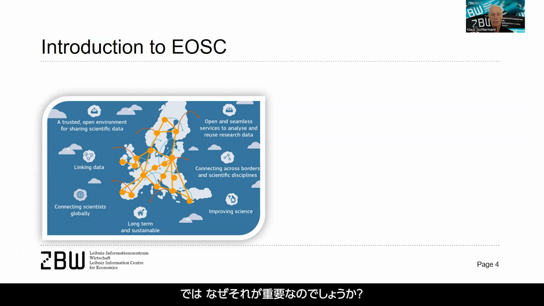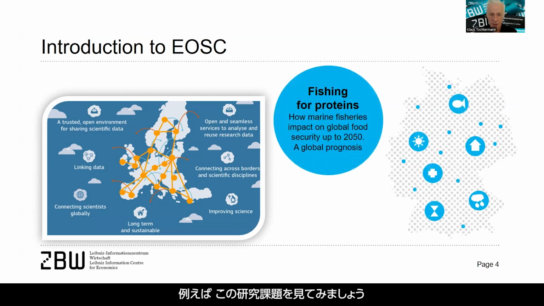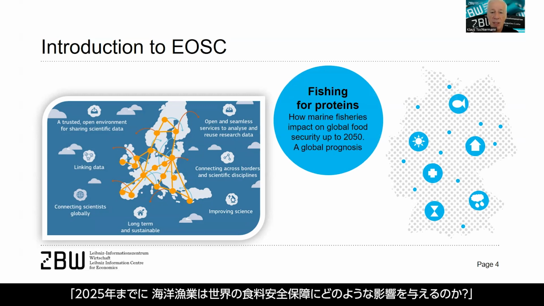And why is that important? It's important because science is getting more and more cross-disciplinary. For example, look at this research question, fishing for proteins. How does marine fisheries impact on global food security up to 2025?